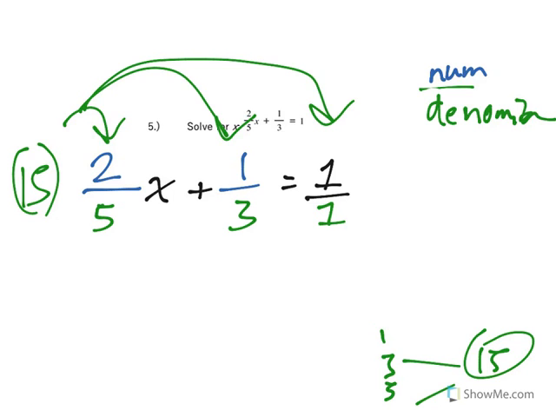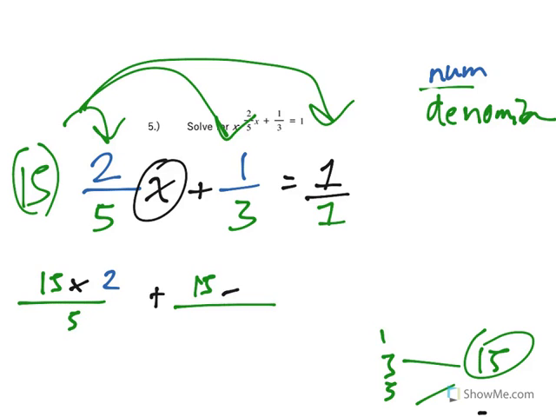So we have 15 times 2 divided by 5, and we have our x, but we're just going to leave that out for the moment, plus 15 times 1 divided by 3 equals 15 times 1 over 1.